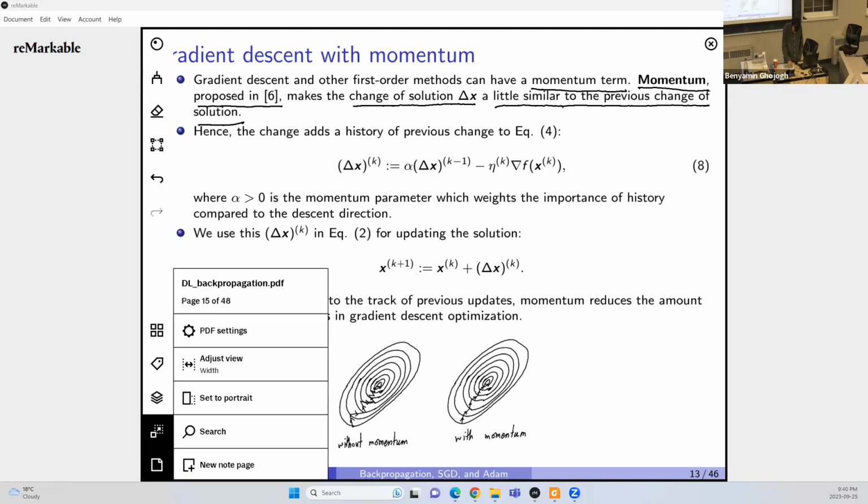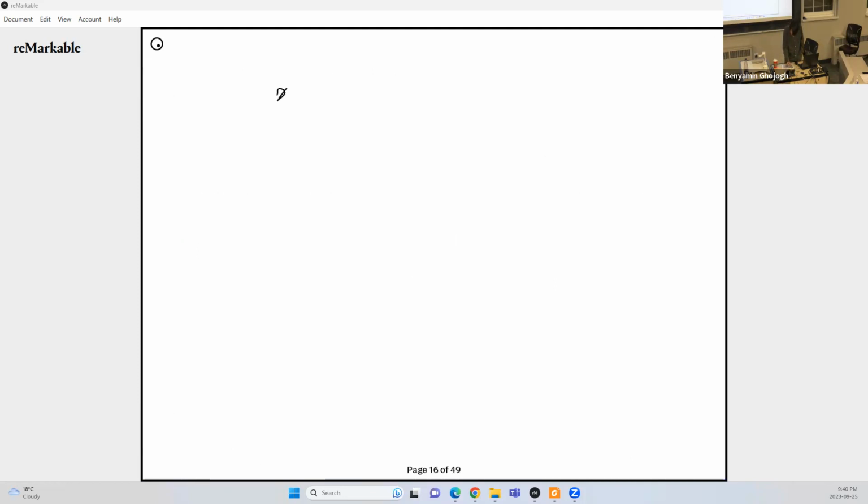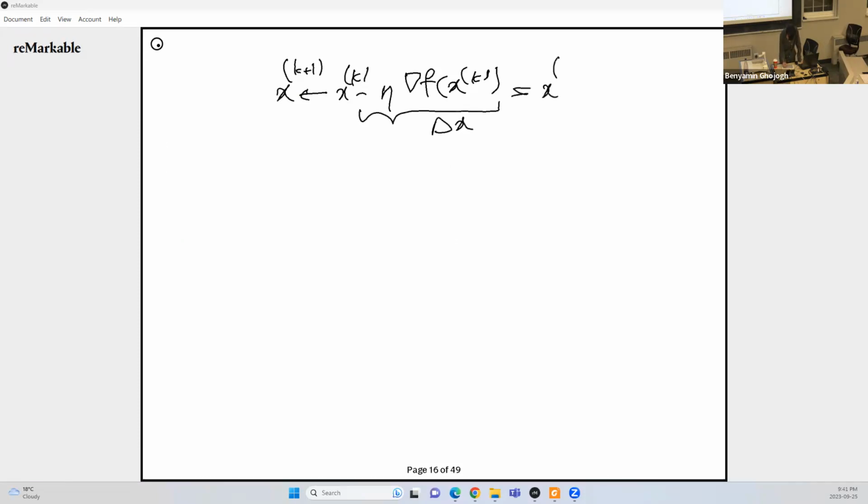Let me add a new page. x was x minus eta times the gradient, right? Agreed? Let's call it delta x. So it was x_k plus delta x_k. Agreed? In simple gradient descent, delta x_k was minus eta times the gradient.